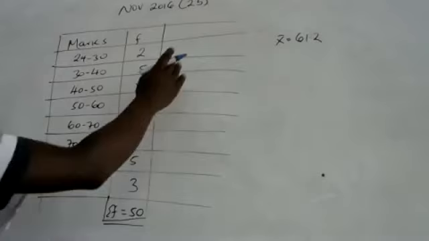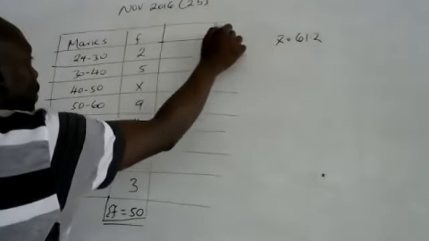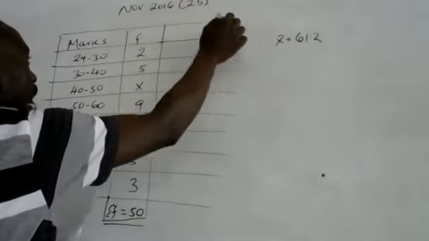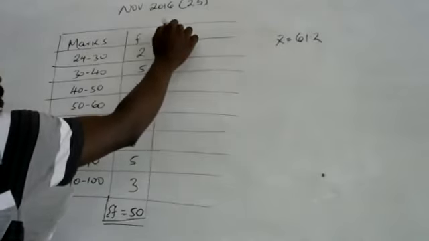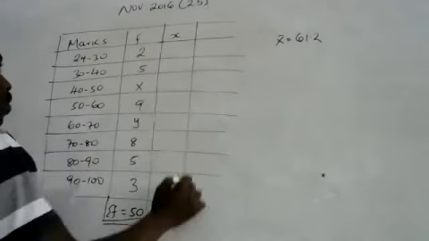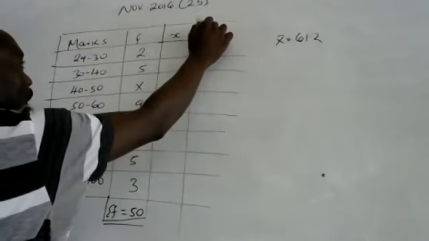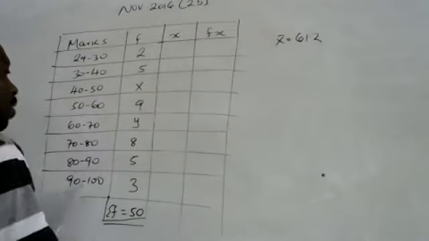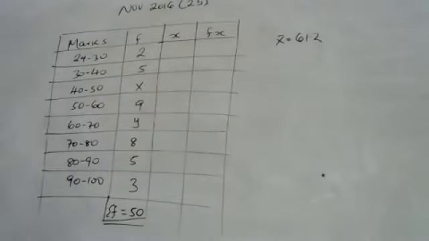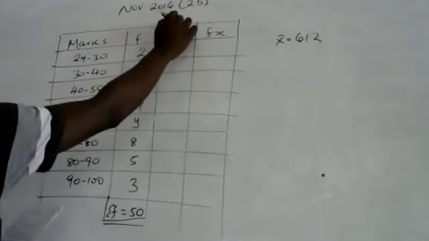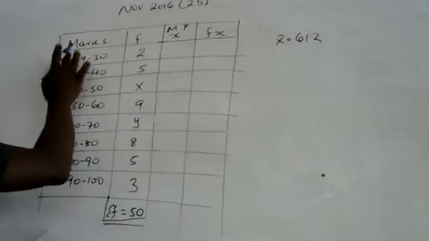And then we ask ourselves, how do we get the X bar? X bar will require us to have x and also fx. The x values are the midpoints of the classes, from 24 to 30.